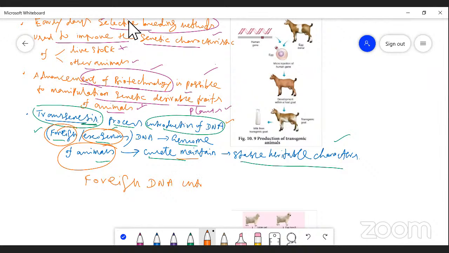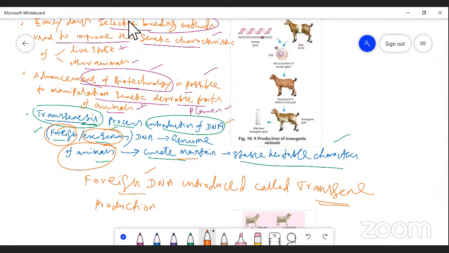The introduction of foreign DNA, that is called transgene. What is called transgene? Introduction of foreign DNA. Foreign DNA is introduced, that is called transgene. By introduction of foreign DNA, what is produced?